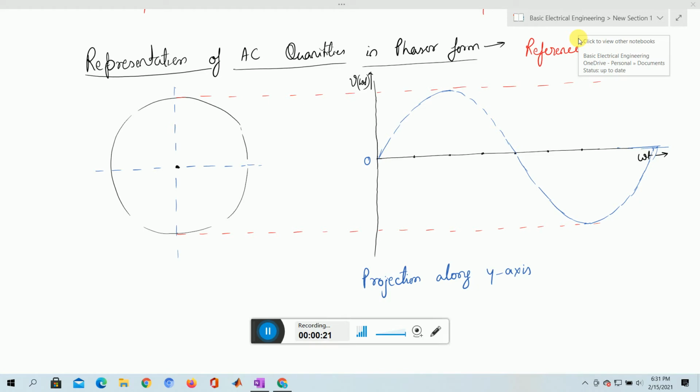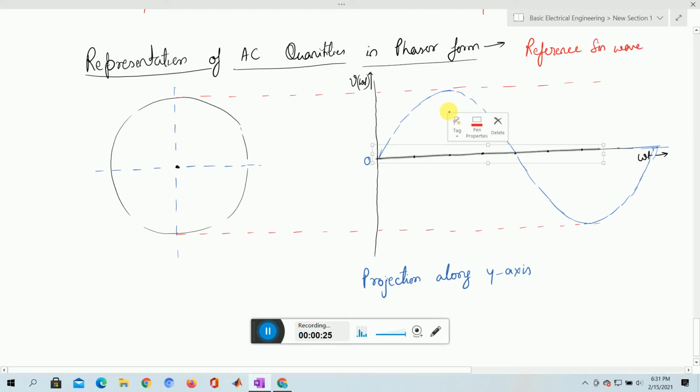We know that the voltage Vm, this is our voltage Vm. This is the maximum value, Vm over here, and the minimum is also minus Vm. So we can represent this Vm in terms of V, and we can say that V is nothing but Vm by root 2. But how do we represent this?